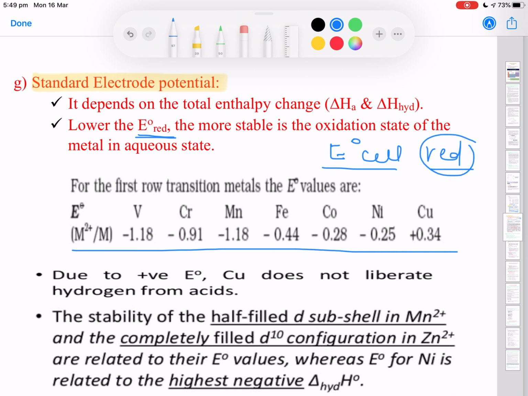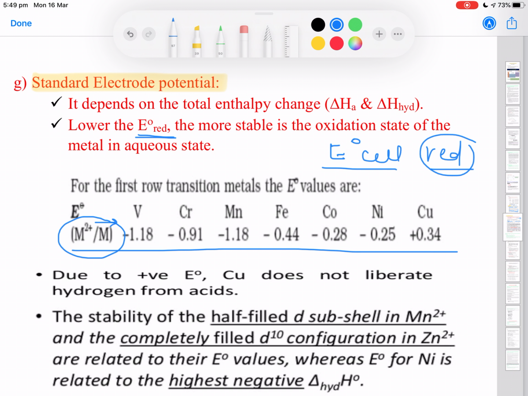how do I understand whether the potentials given to me are reduction or oxidation? This will help us to understand. How do I conventionally represent it? It is M2+/M. That means 2+ state is getting reduced to 0 state.